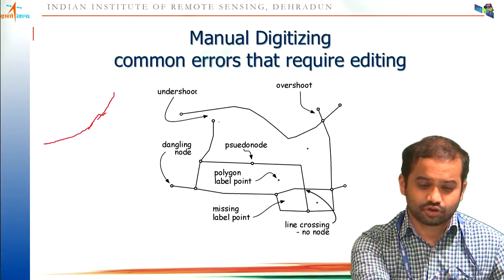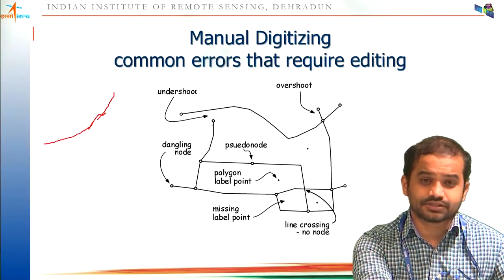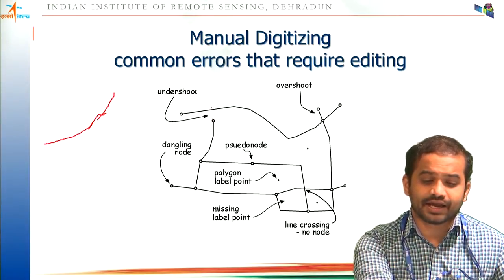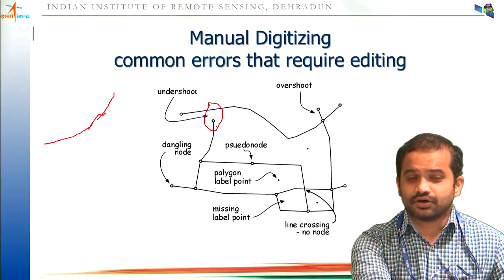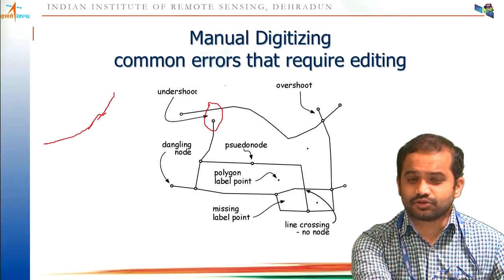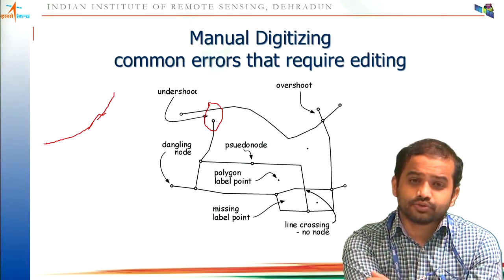We will discuss both. One kind of error is, suppose you are digitizing and you need to join your node, so your line should end at another line, so you should be joining here, but you stopped before that. In a computer, with high resolution images, it is hard to exactly go up to the line.